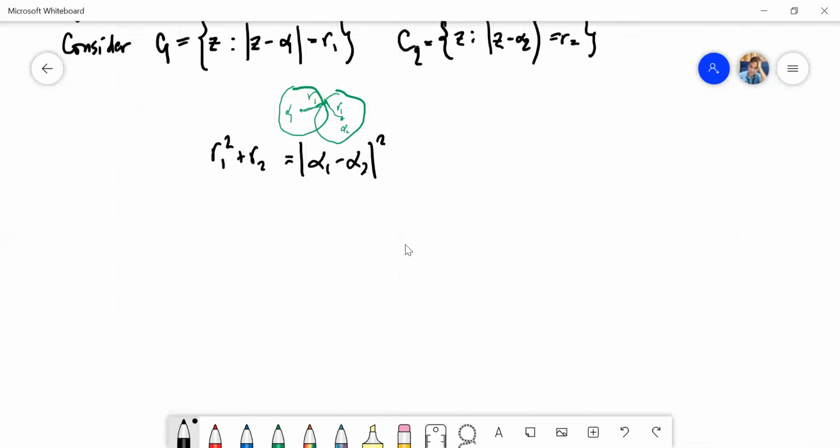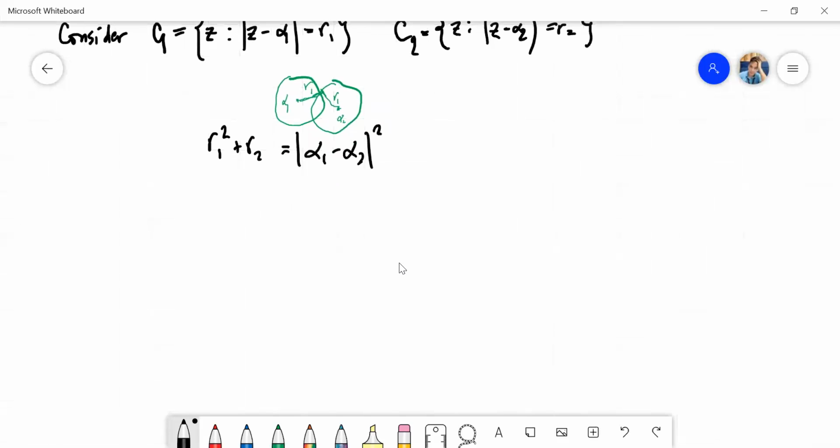So in view of this observation, the conditions for which the circle, modulo of z minus alpha equals r, is orthogonal to both modulo of z equals 1 and modulo of z minus 1 equals 4 are actually given by this.